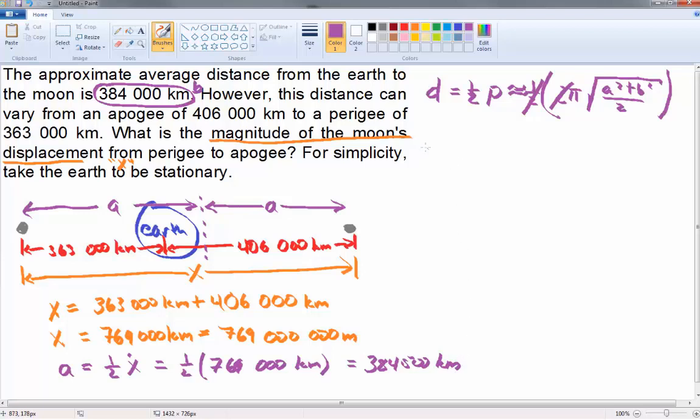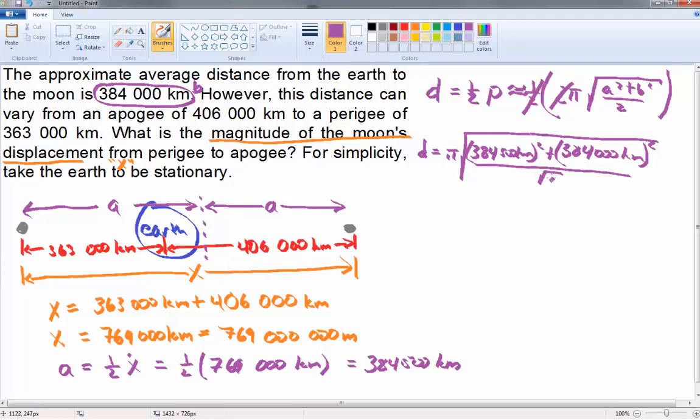So d is going to be equal to pi times the square root of 384,500 kilometers squared plus 384,000 kilometers squared, and then you also need to divide by 2 under the square root.